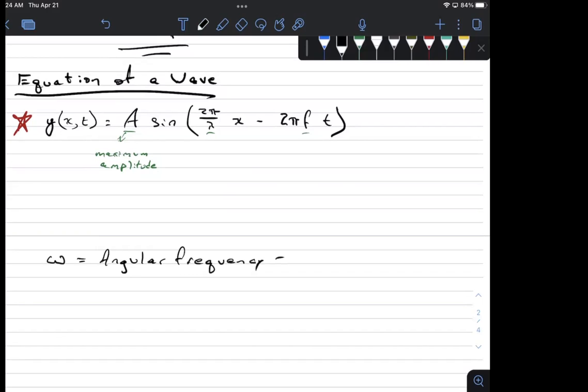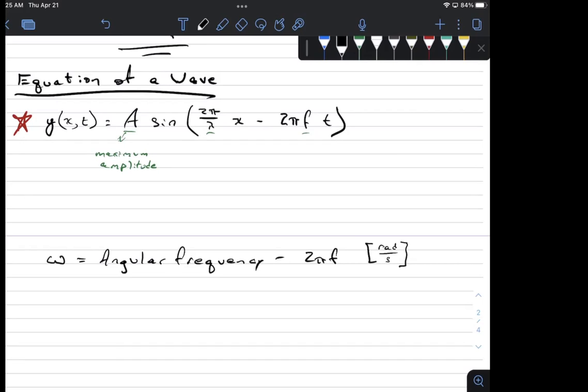And omega is literally 2 pi f. So instead of writing 2 pi f, I'm going to write this symbol instead, omega. The units are not hertz anymore, they're radians per second, because now it's angular frequency, it's not regular frequency. Regular frequency is hertz, angular frequency is radians per second.